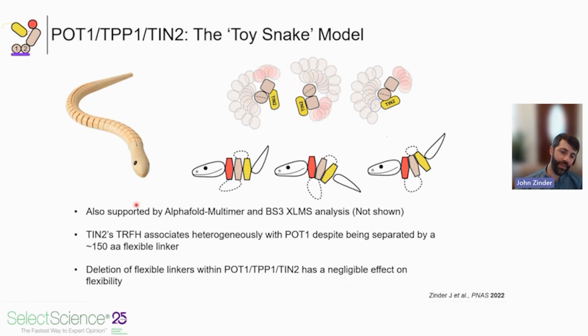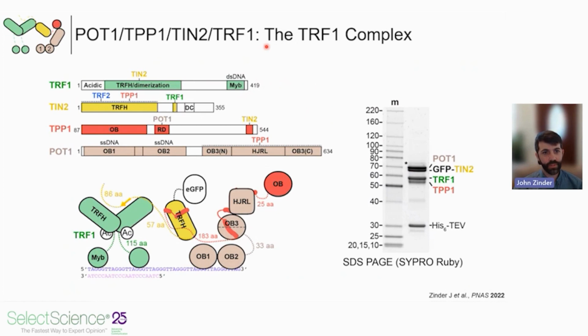I should also add that I'm not showing it here, but it's in the paper that this model is also supported by AlphaFold multimer analysis and by cross-linking mass spec that we did in collaboration with Yevgeny Nudler's lab at NYU and his senior researcher, Vlad Svedlov. Okay, so this is our understanding of how this slightly more built-up complex behaves.